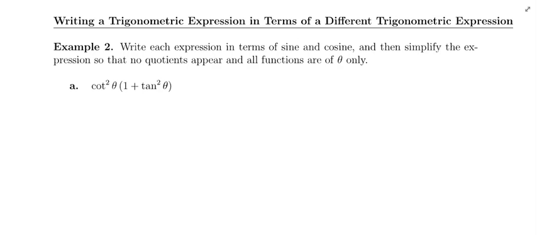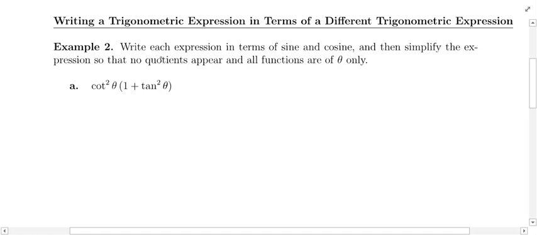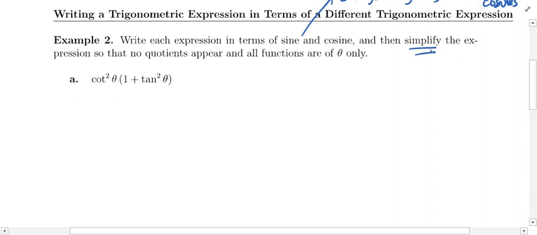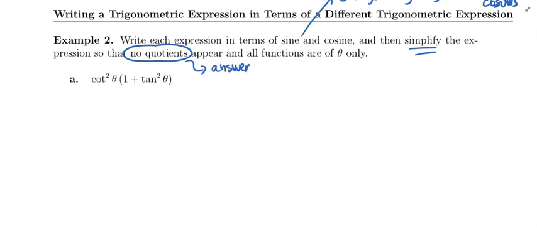In the directions, the way they want you to do this is to write each expression in terms of sine and cosine. That's the first thing you see. So what that means is change everything to sines and cosines. Once you do that, then you need to simplify, and you're going to simplify so that there are no quotients, meaning your final answer is not a fraction.